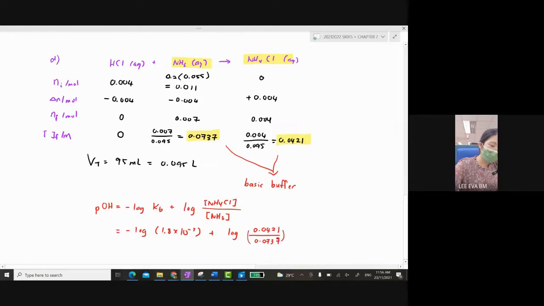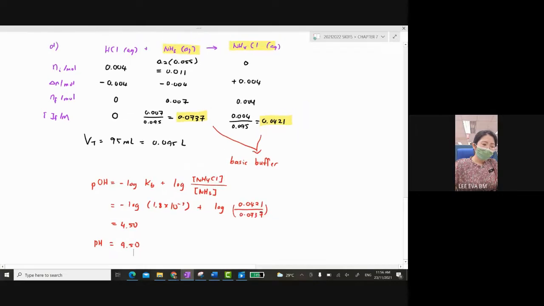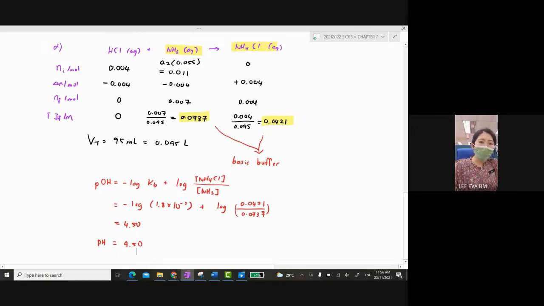So the pOH value gives you 4.50, the pH gives you 9.50. Okay, so this one is for part D.